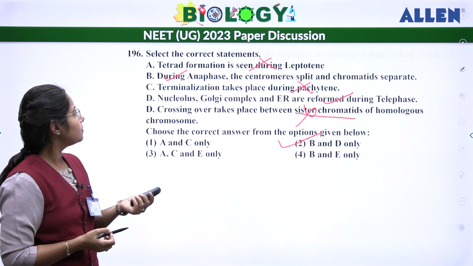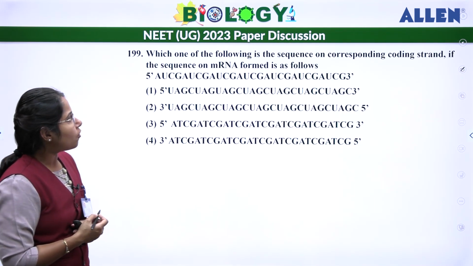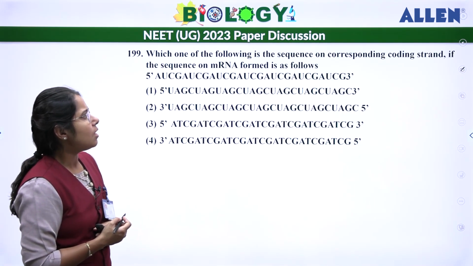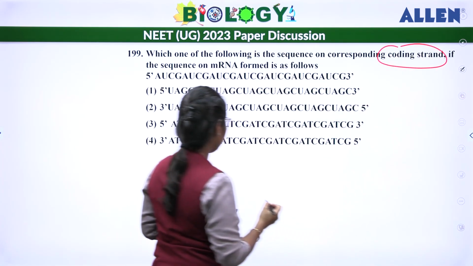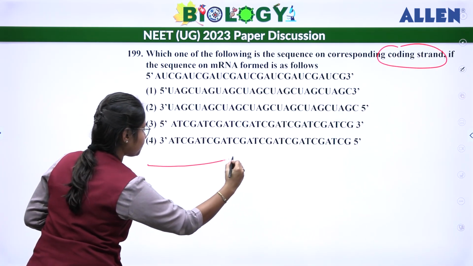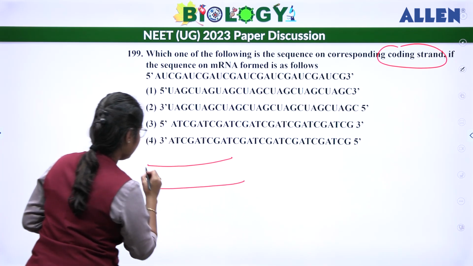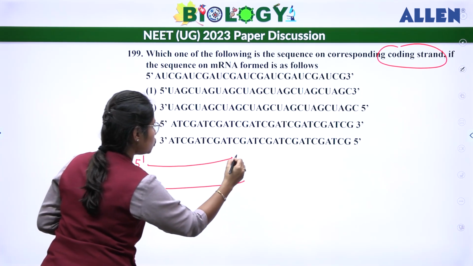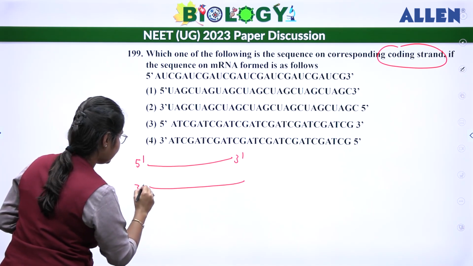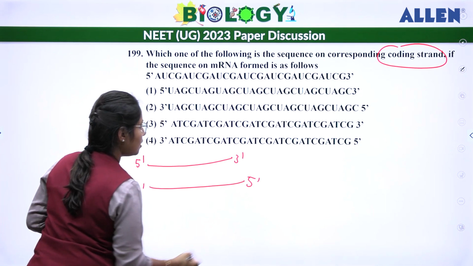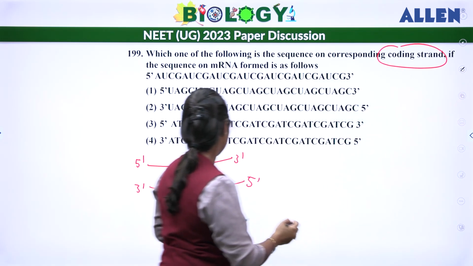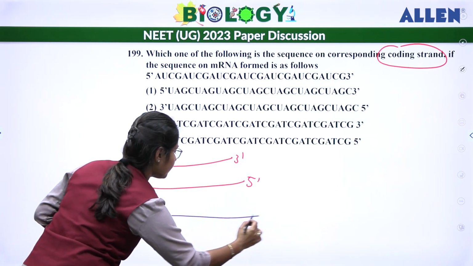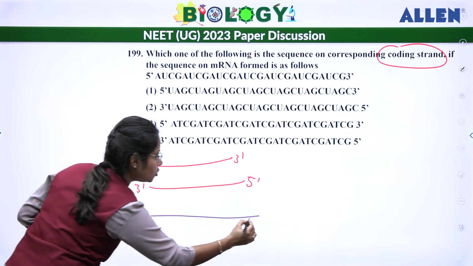Next. Which of the following is the sequence corresponding to the coding strand? Suppose this is the DNA, 5' to 3' and 3' to 5', and the RNA is formed from 5' to 3'.